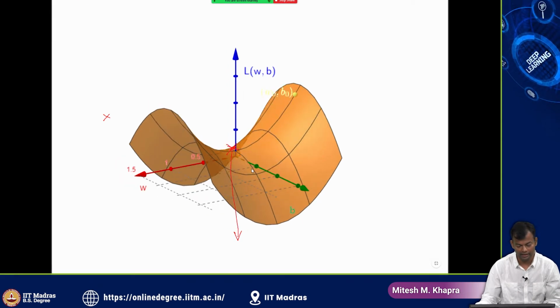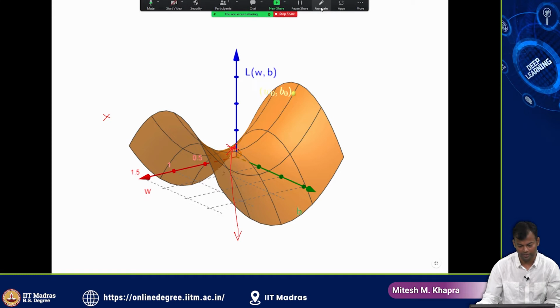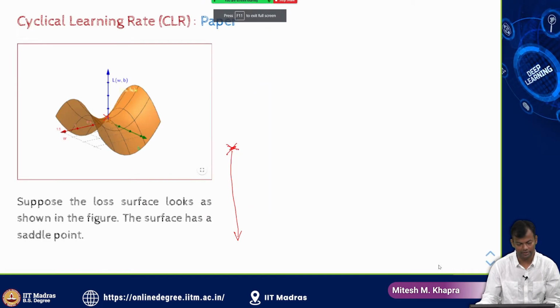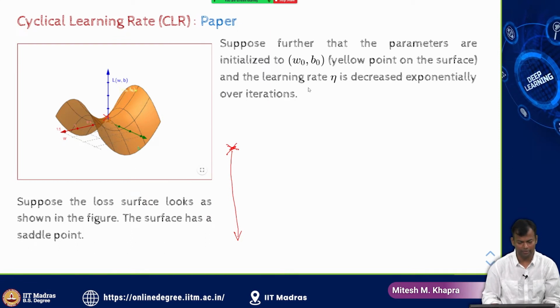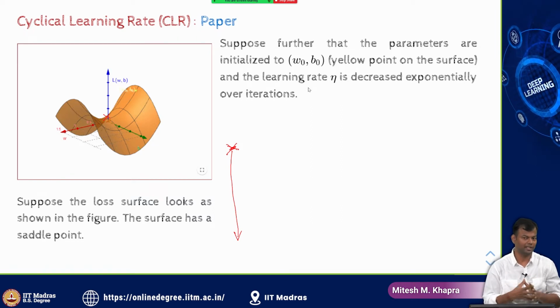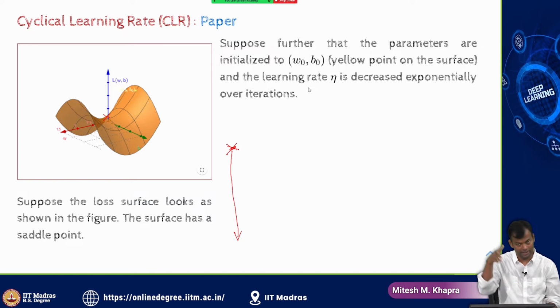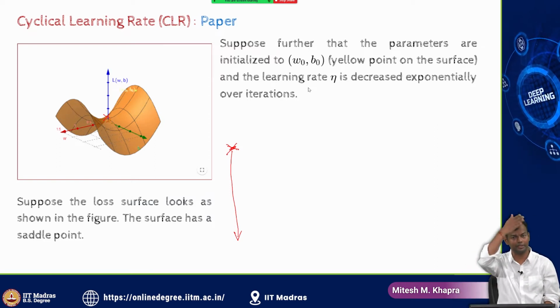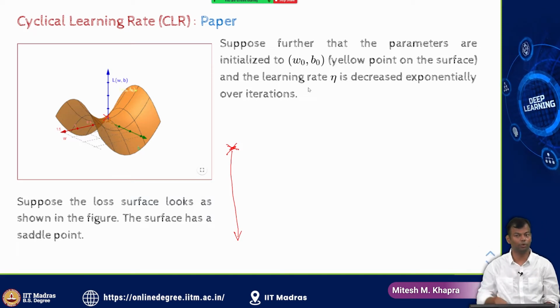And many times, the loss surfaces that you typically encounter in deep learning are not convex loss functions. It has been observed, and this has been reported in multiple papers, that often when your training is getting stuck or it's slow, it's because you're stuck in some saddle point, where there is a minima down the valley, but since you are already in this valley here, you're not able to go further down.